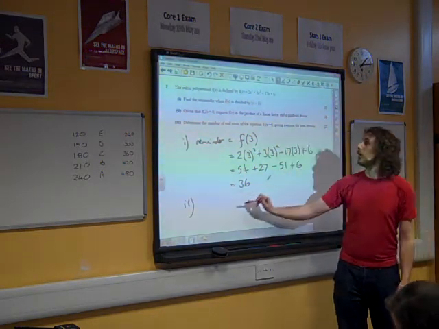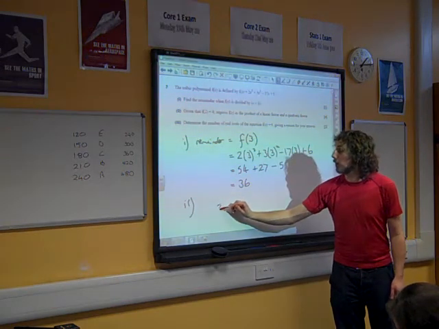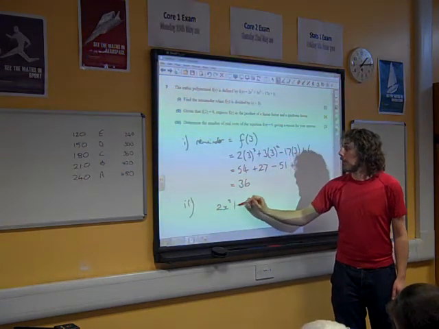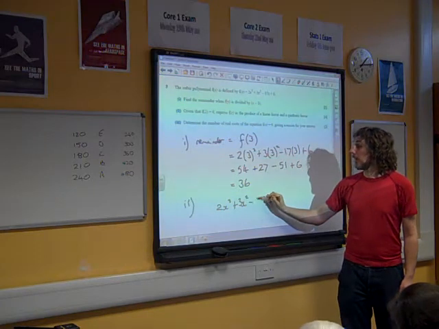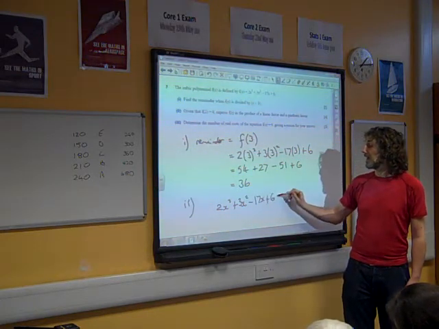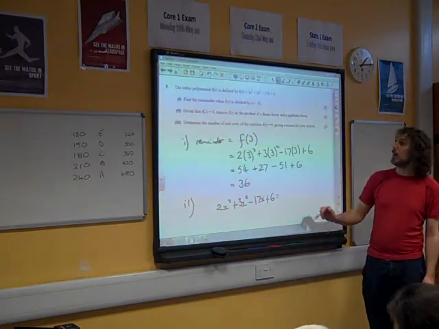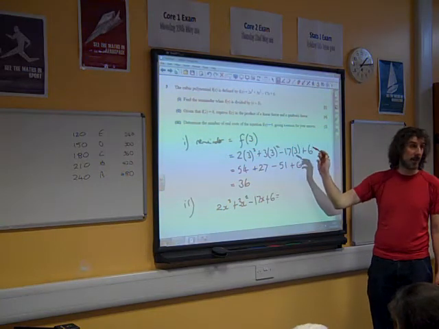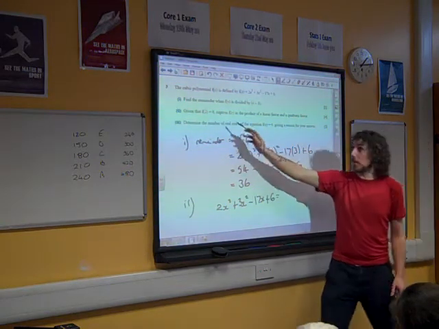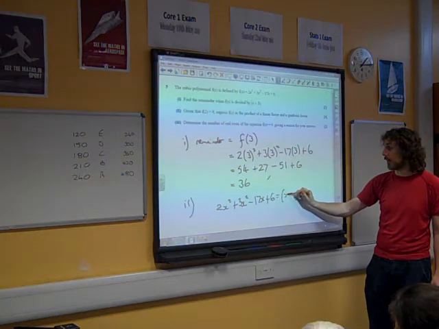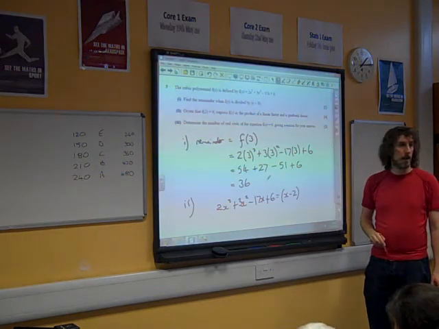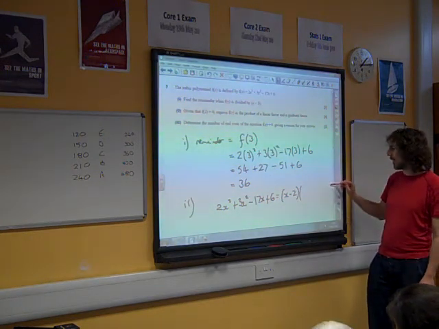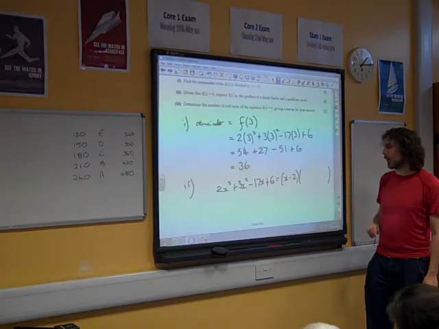What we've just been told is that the function, which was 2x cubed plus 3x squared minus 17x plus 6, is equal to the product of a linear factor. Now we've just said that bit tells us the linear factor is x minus 2, and a quadratic factor, which at the moment we don't know what it is.